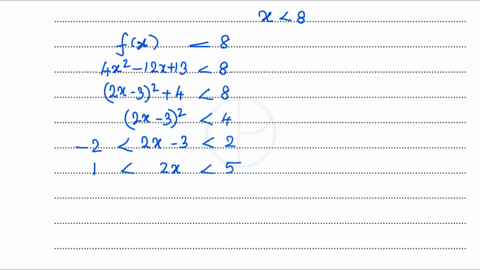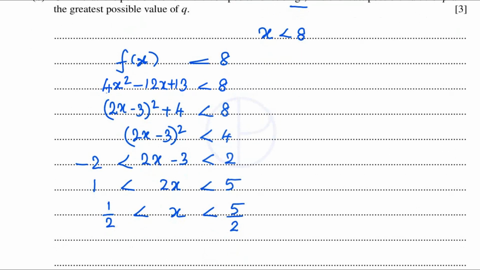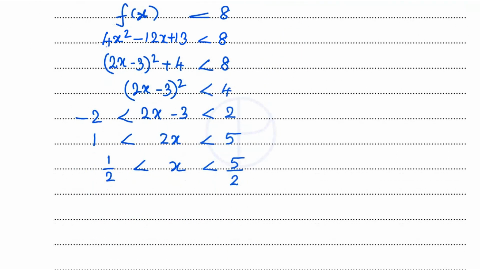Now divide by 2. We get 1 over 2 less than x less than 5 over 2. So p less than x less than q. So now p is 1 over 2 and q is 5 over 2.